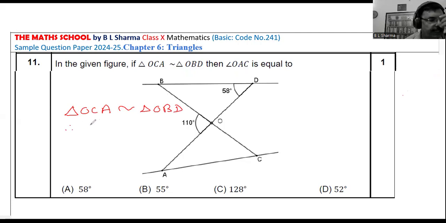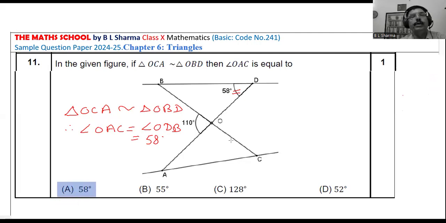Therefore, because we know that the corresponding angles of similar triangles are equal, angle OAC, how to see? देखिए O first, third, second. इसमें भी ऐसा ही लीजिए, first, third, second. It will be angle ODB. And what is the angle ODB? That is 58 degrees. So that will be 58 degrees. So A is the correct answer.